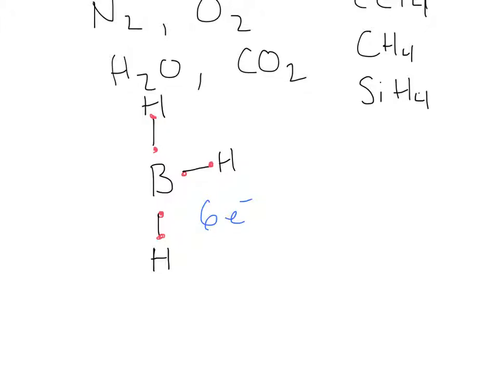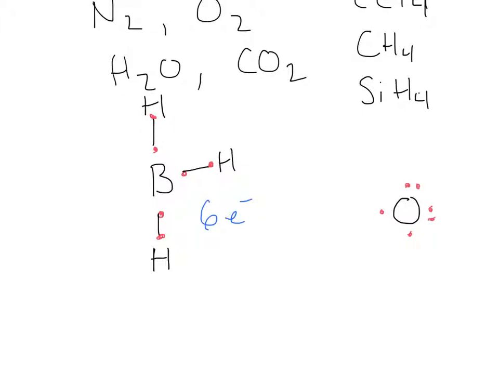We also have others that will exceed their octet if they share too much. If you take a look at my water, H2O, we have oxygen, and it has 1, 2, 3, 4, 5, 6 electrons.